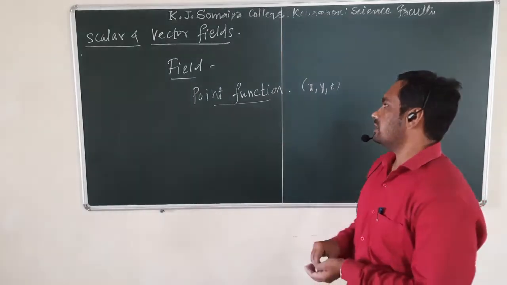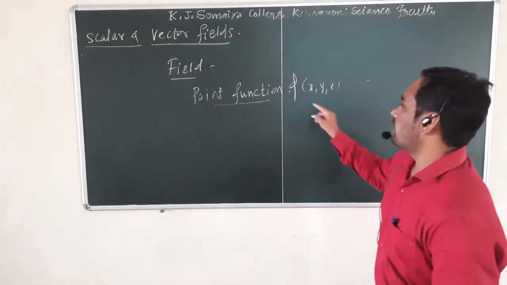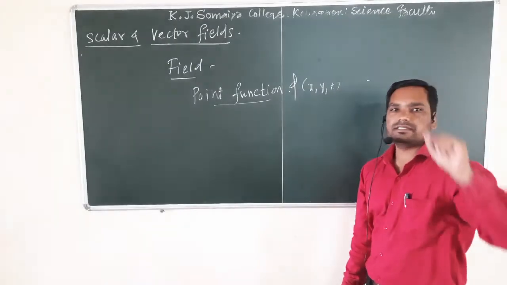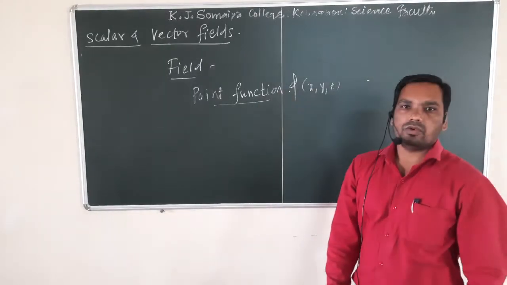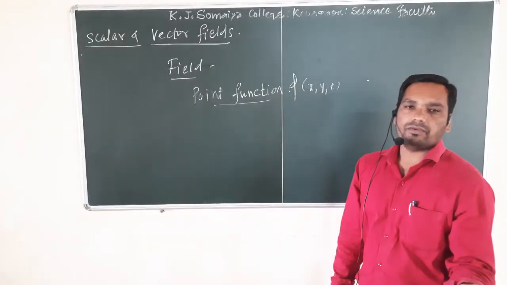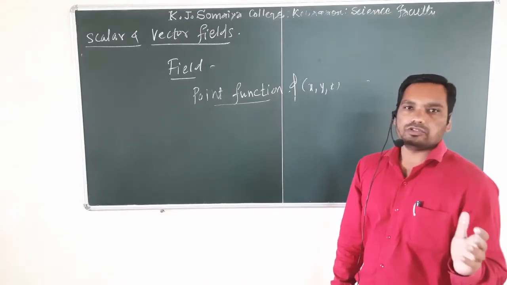Suppose phi is a function of x, y, z, and phi is representing temperature at different places. Then we know that phi is a point function. You can take this as potential, scalar potential, or magnetic field also.